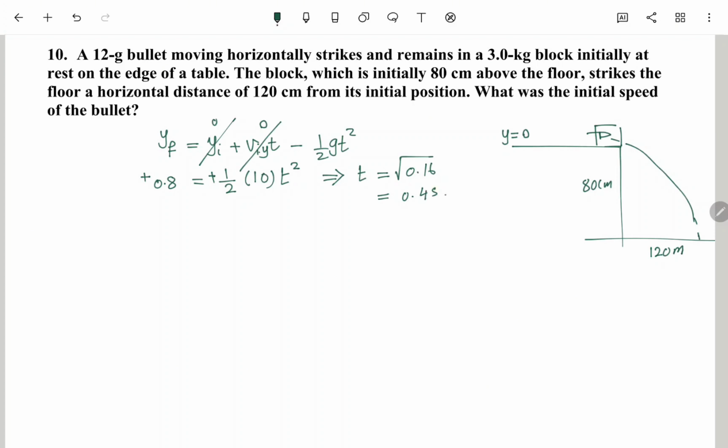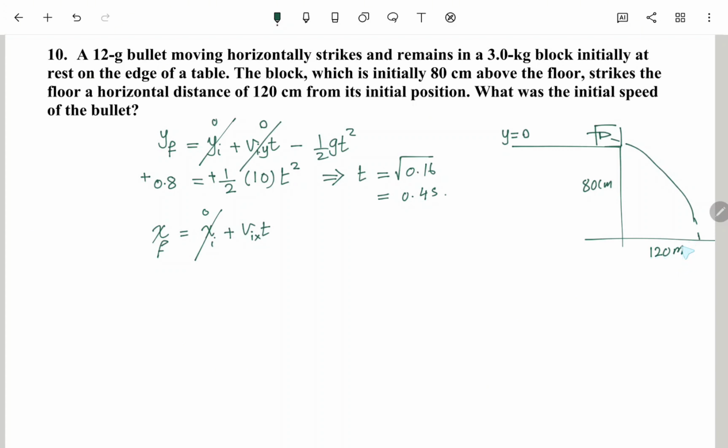Now let's implement the time in the x equation. So x final equals x initial plus the initial x velocity times t. Again, x initial equals 0 and x final is just mentioned here, it's 120 centimeters.